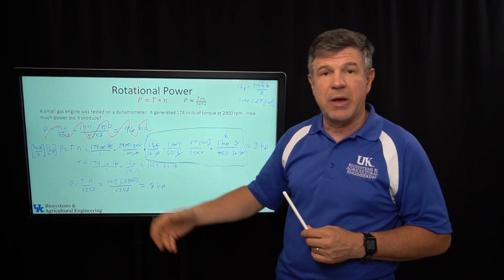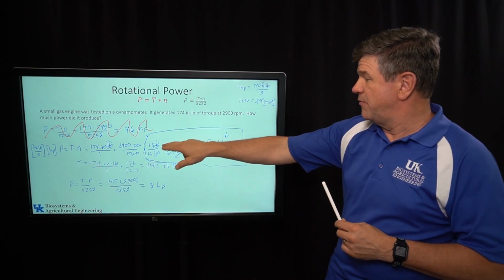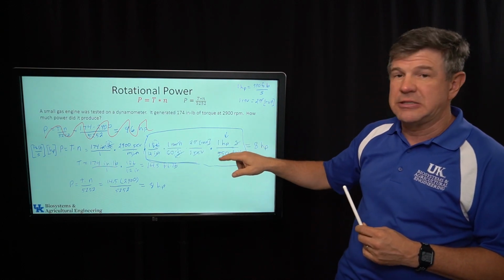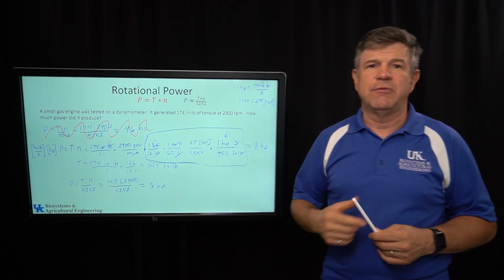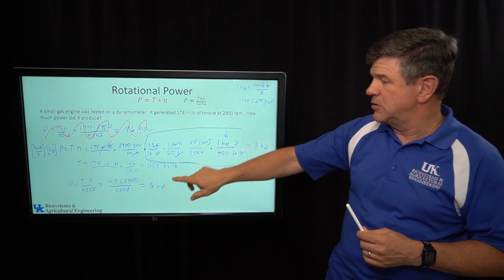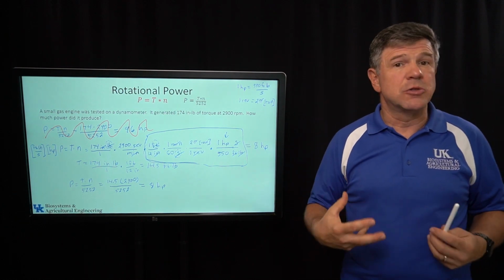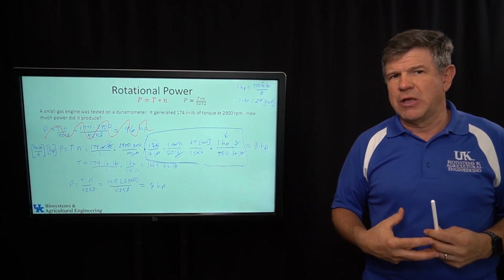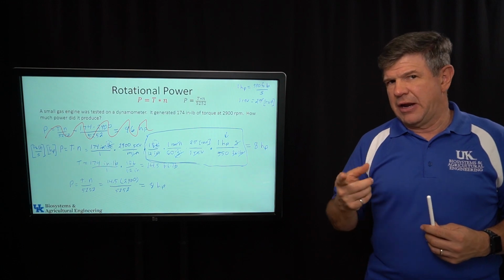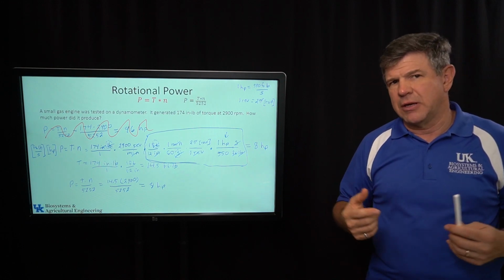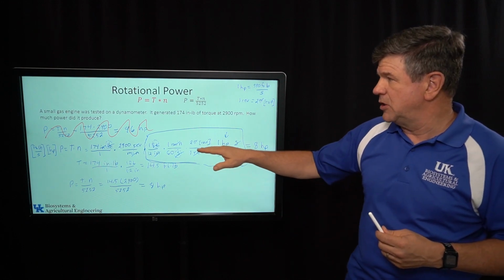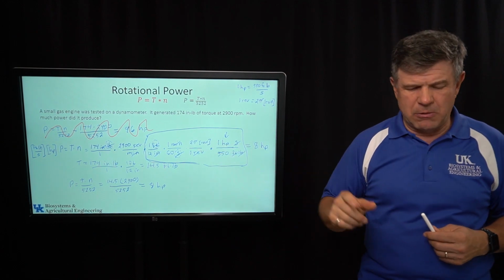If I put in foot-pounds there, then these numbers, if I just multiplied and divided these together, I would end up with a 52. So this is all just a units conversion. That's what the 52 in that equation is supposed to be doing for us. It's converting units. But I've got to have the right units to start with to be able to end up with the right units. So do it this way and you'll always be correct, okay?